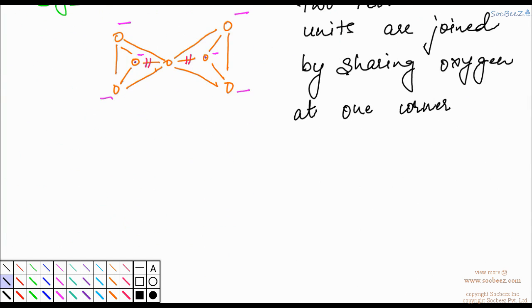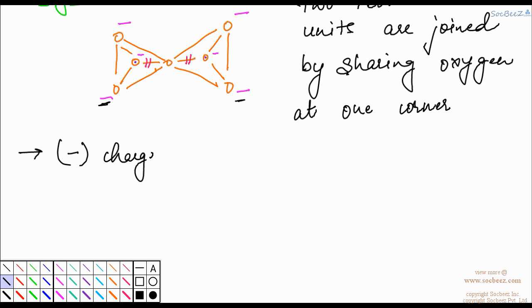Okay, so the next type of silicates which we will see is, and just one more thing, the minus charge is present with the oxygen which is bound to just one silicon atom. Okay, so let me write this down.